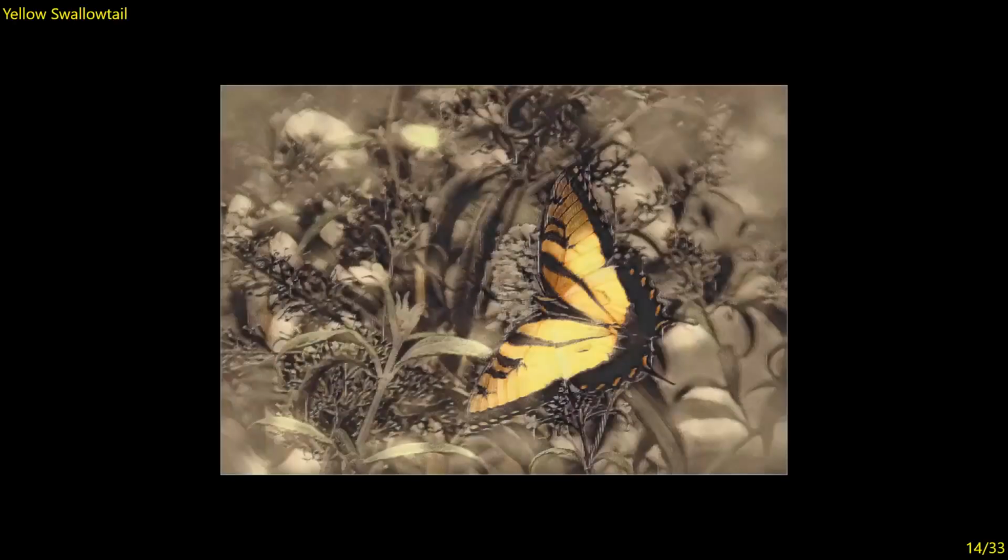Yellow swallowtail. Okay, it's an interesting processing to give it those tones, and the tones I actually find creative. It's not a nature picture.